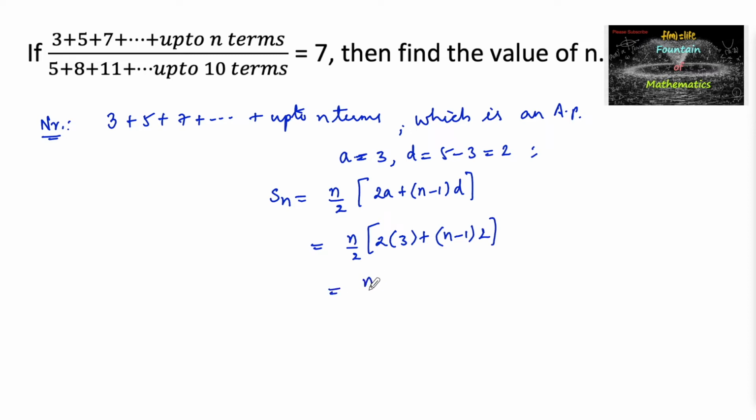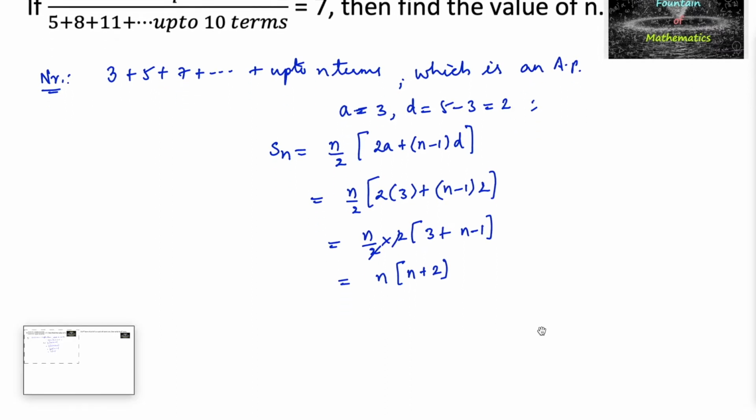So which is equal to n upon 2 into 2, taking 2 common, 3 plus n minus 1. So we have n times 3 plus n minus 1, that is 3 minus 1 is 2, so n into n plus 2 is the sum to n terms of the given numerator series. And now let us consider the denominator.